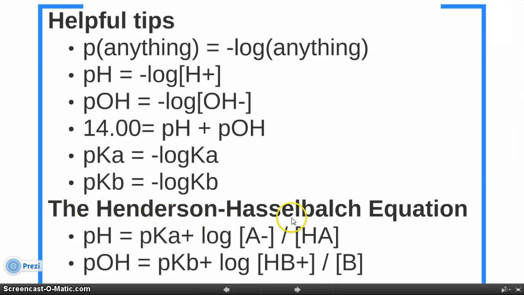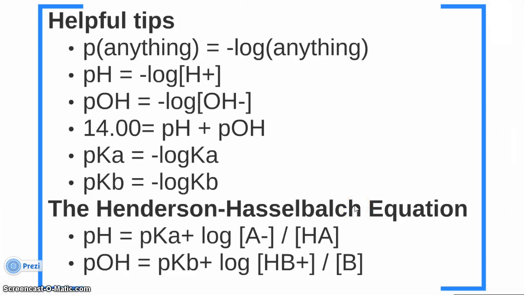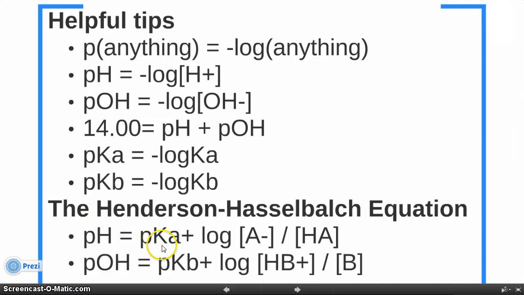The Henderson-Hasselbalch equation is the key equation for acid and base equilibrium problems. pH equals pKa plus log of the concentration of A- over the concentration of HA, where HA would be the acid and A- would be the conjugate base.